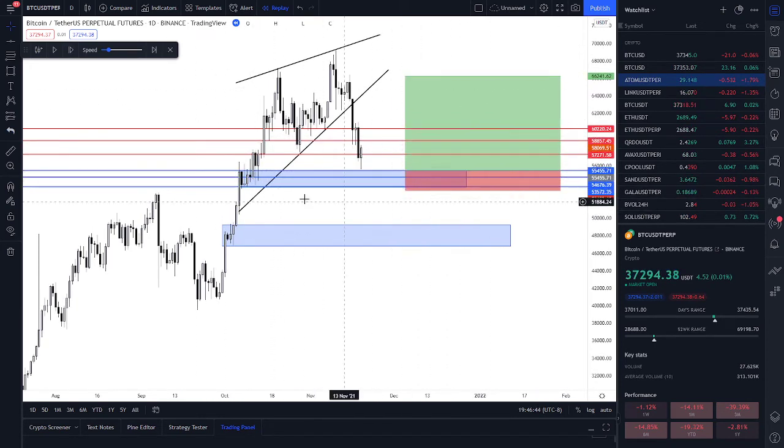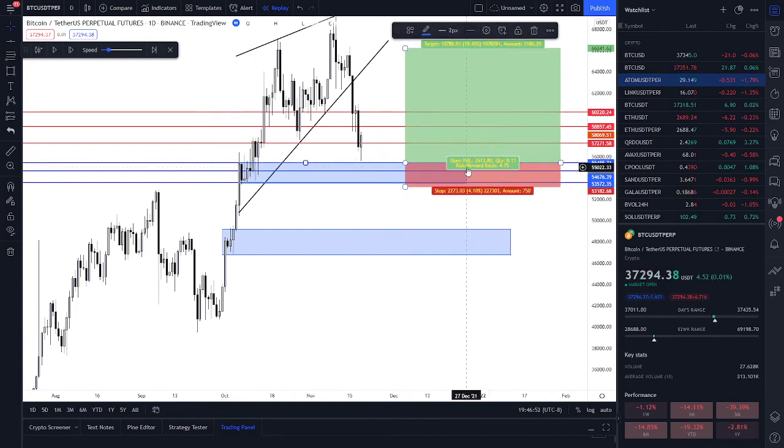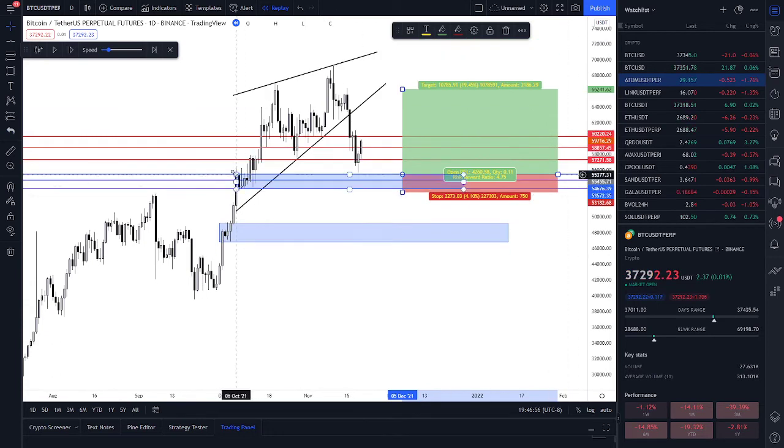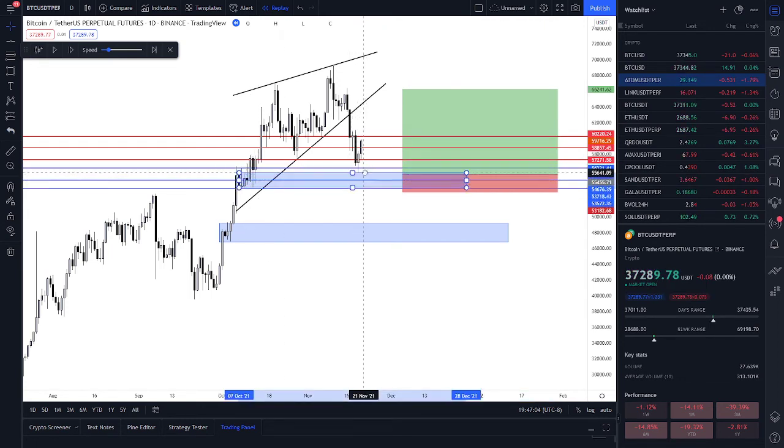If I had actually drawn this correctly and used that wick, you would have tapped the top. But my drawings suck right now. I actually called this long at 55,500. My chart's just drawn terribly right now, so I'm sorry for that.